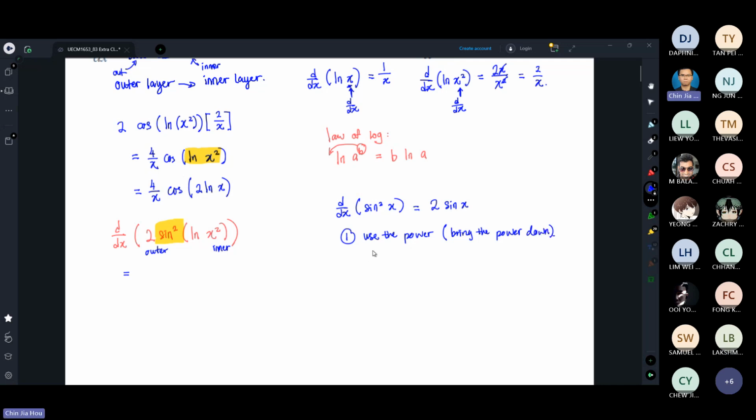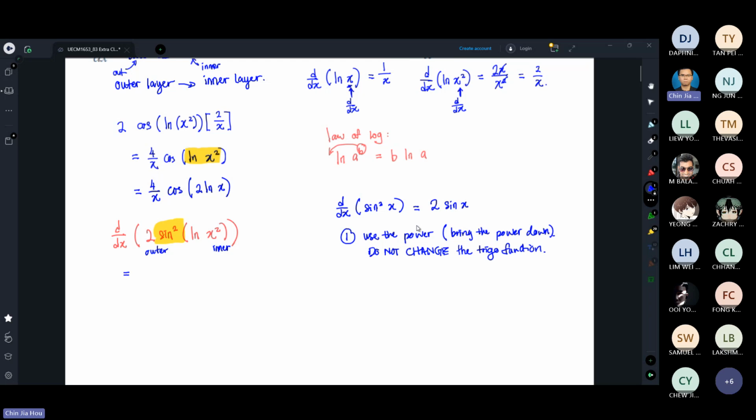But we do not change the trigo function. You notice that when we take the 2 down out of this power of 2 to be multiplied with the sine here, we don't change the sine into cos yet.